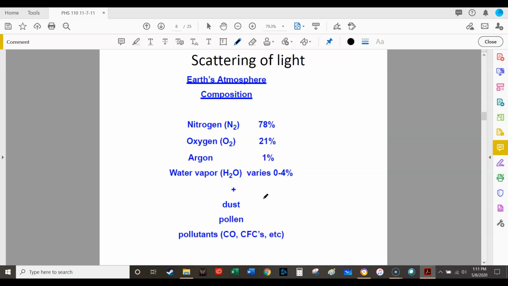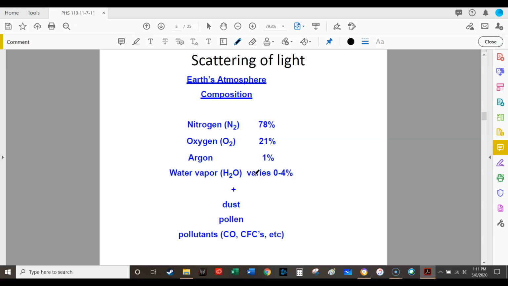Just to let you know, the composition of the Earth's atmosphere is mostly nitrogen. Okay, it's got oxygen, but it's mostly nitrogen. It's got oxygen and argon, and the amount of water vapor in the atmosphere varies, right?